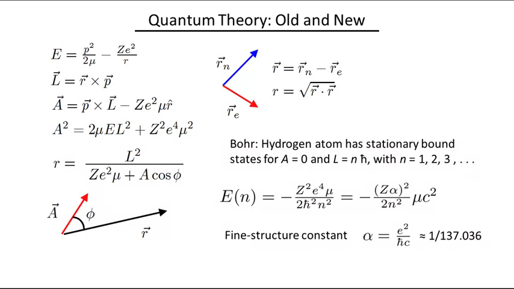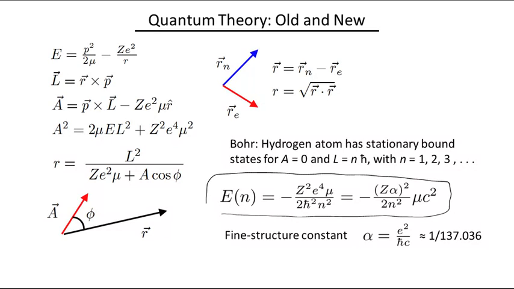So you see, when you do that, you get an instant solution for the discrete energy levels. So you require that the angular momentum be an integral multiple of h bar, with n running from 1 to infinity.